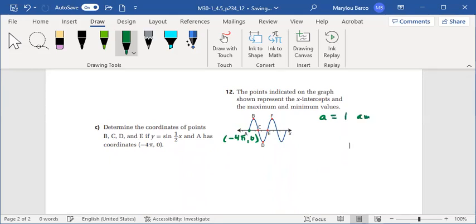The amplitude is 1. And B is equal to 1/2. So the period is 2 pi over the absolute value of 1/2, or 4 pi.